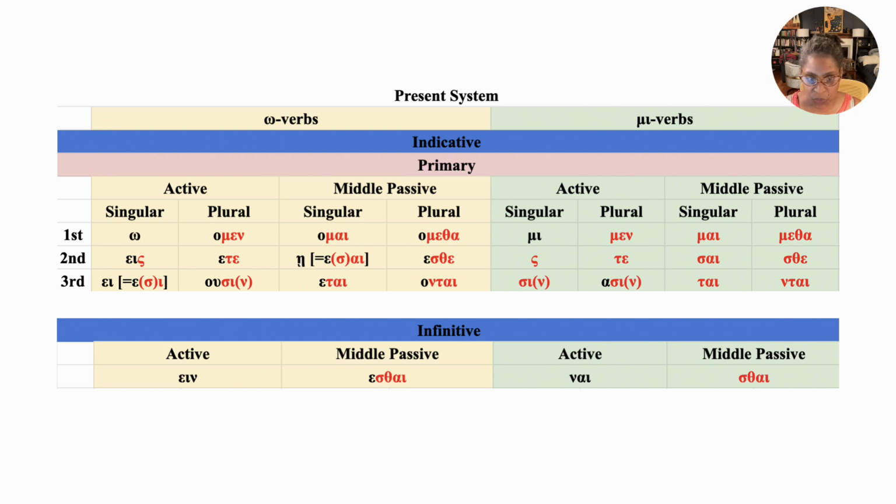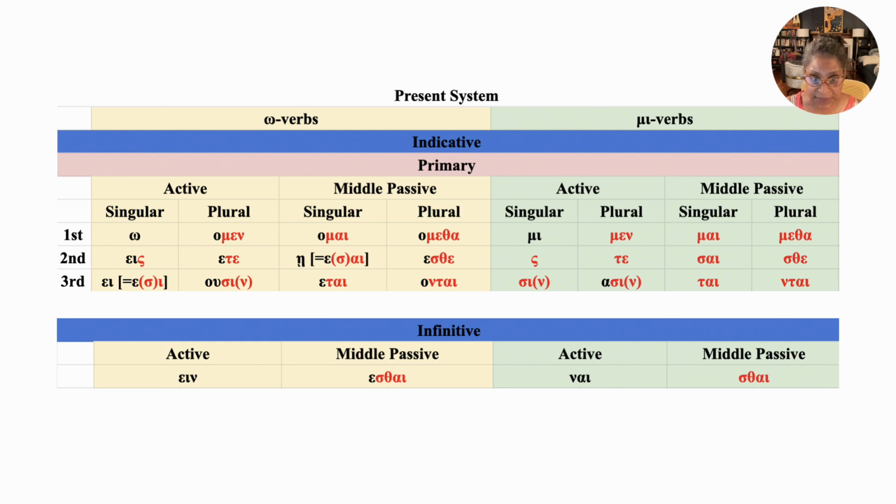And that is actually why the third person is -ei, because it was originally -esi. And this is going to be useful because some of the verbs we might encounter in Homer will have this older form, -esi. But here you can see what the logic is: the sigma falls out, you're left with epsilon iota. And so it's the same kind of ending that you had in the mi verbs.